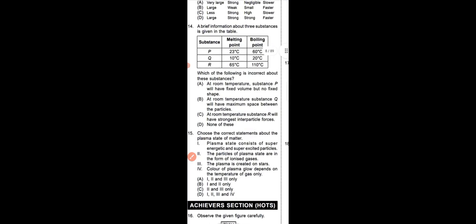Now we will go to question number 14. A brief piece of information about three substances is given in the table. P, Q, R are three substances. Melting points are 23, 110 and 65 degrees centigrade; boiling points are 60, 20 and 110.